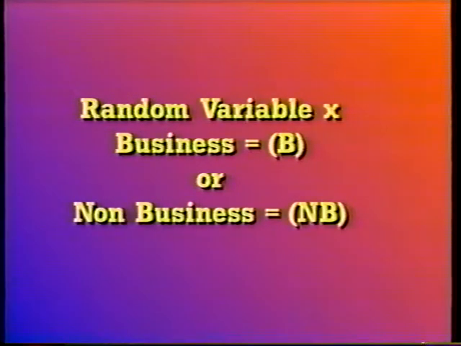Let x be the random variable representing the student's major, with the possible outcomes being business or non-business, or simply B and NB.